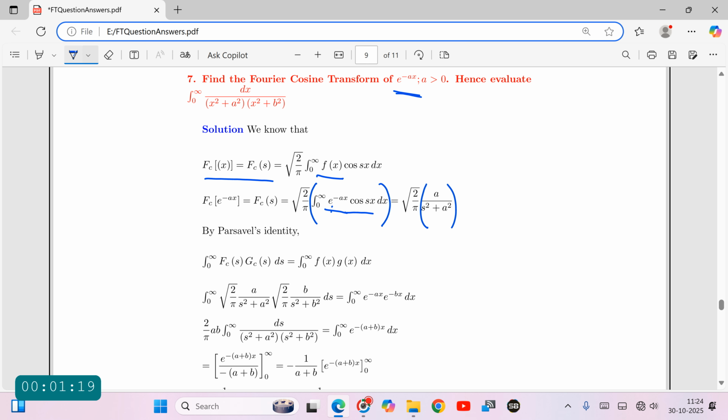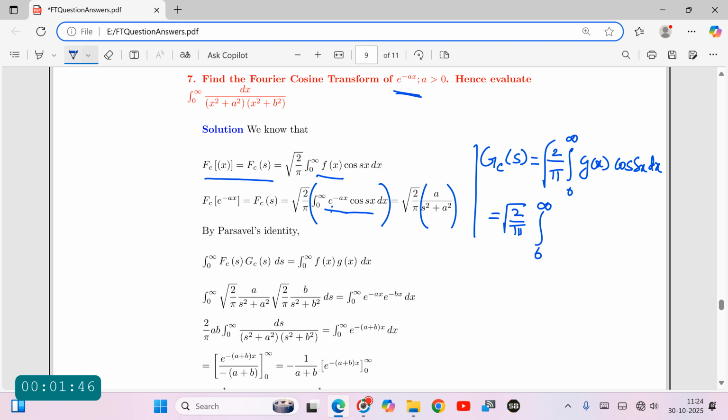In the same way, we are taking one more function named gc of s. gc of s equal to root 2 by pi integral 0 to infinity g of x cos sx dx. In place of g of x, we take g of x equal to e power minus bx.